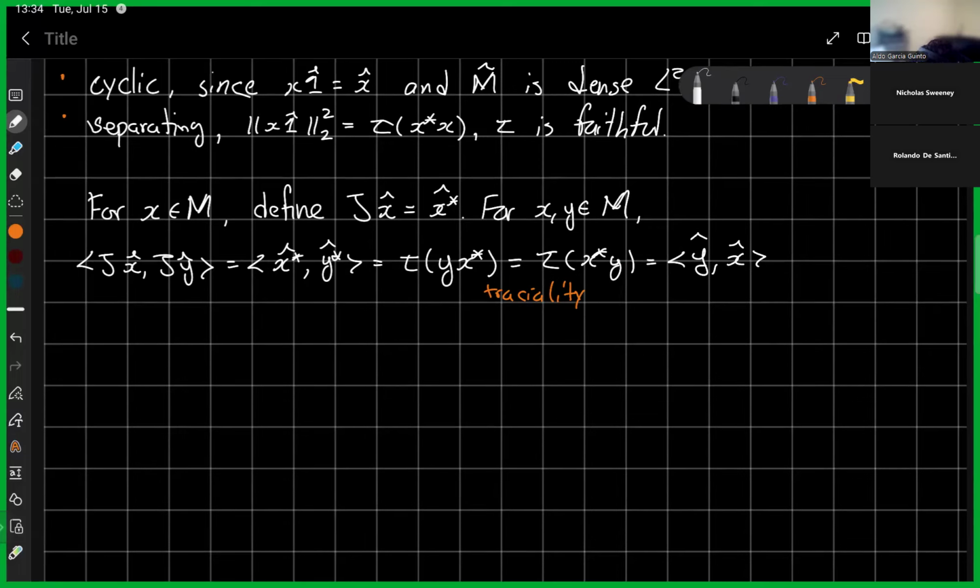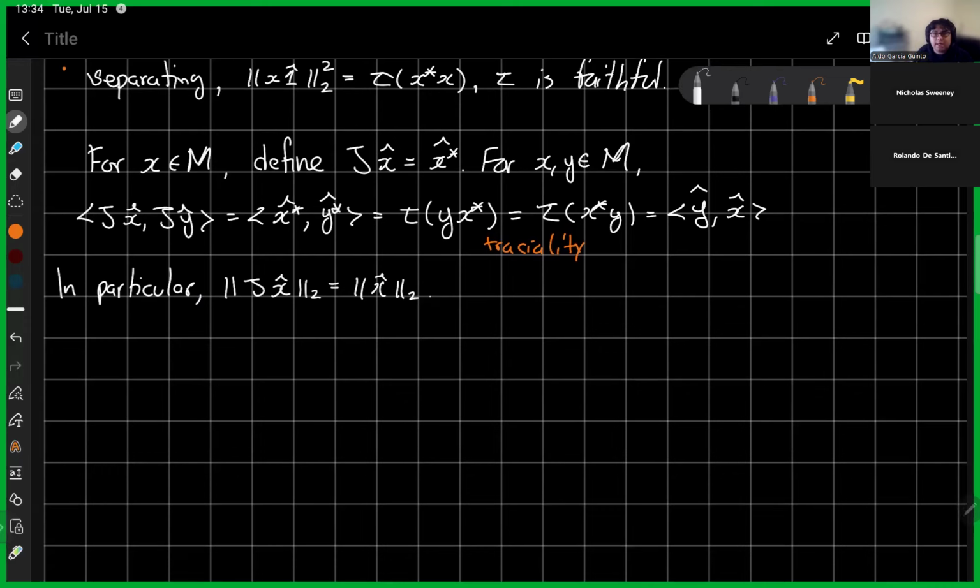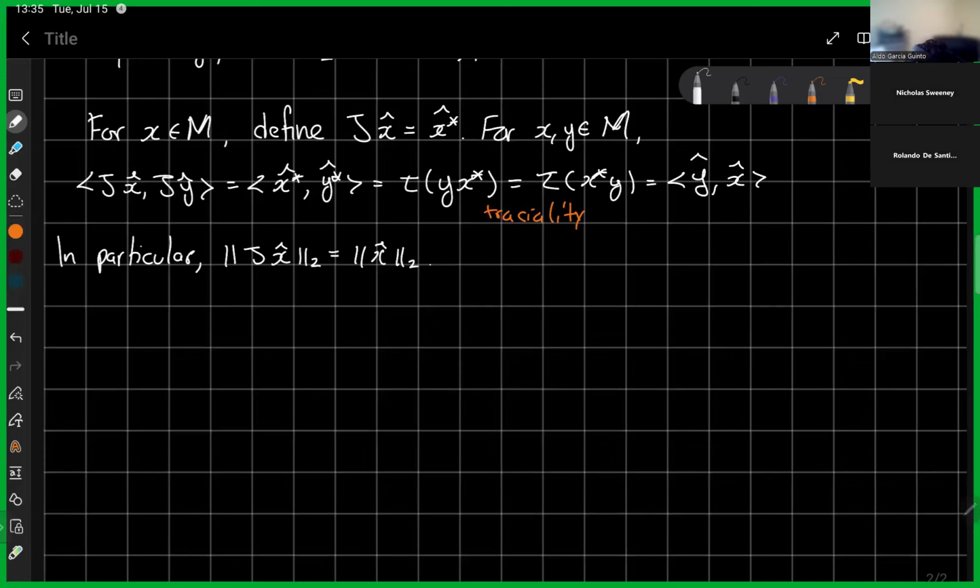In particular, if Y is equal to X, this is just telling you that the norm of J X hat is equal to the norm of X hat, and this is telling us pretty much that J is a bounded operator. And it's not just bounded, it's an isometry.